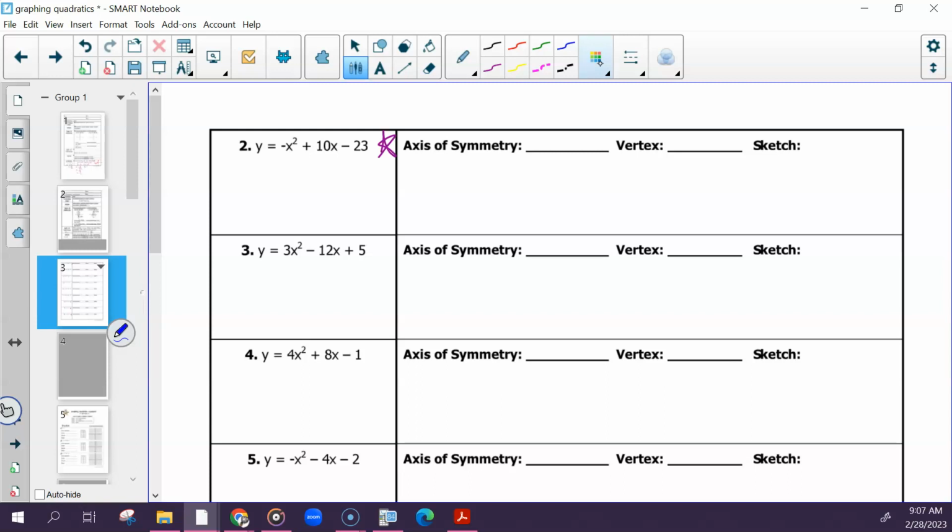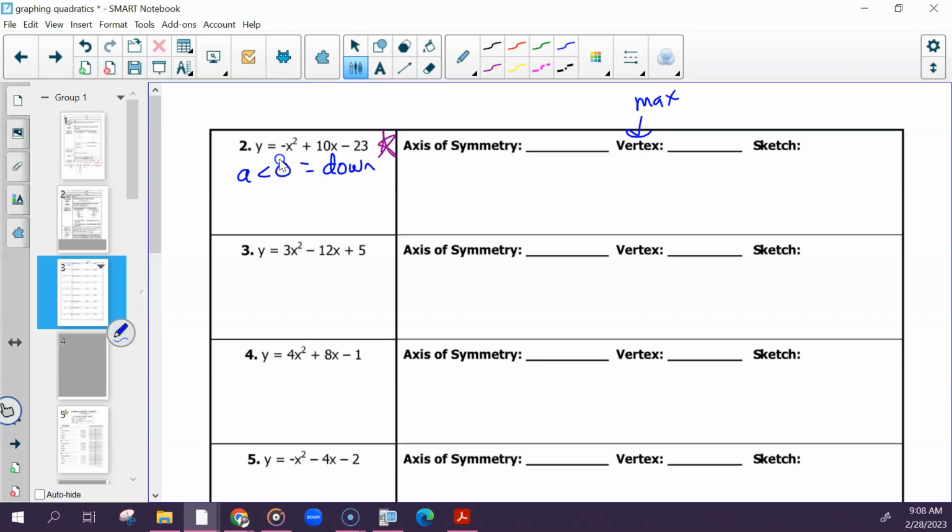So if we want to do that first, is A positive or negative? Negative, so is it going to face up or down? Down, and this would be a maximum, correct. I didn't put minimum on the last one, but if you want to do that, you can.